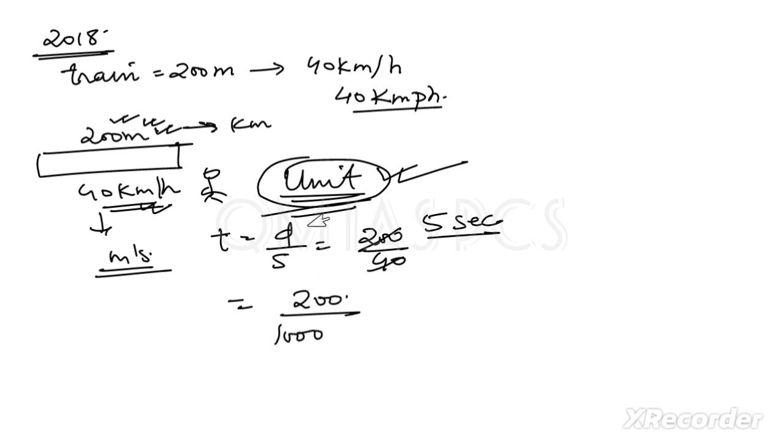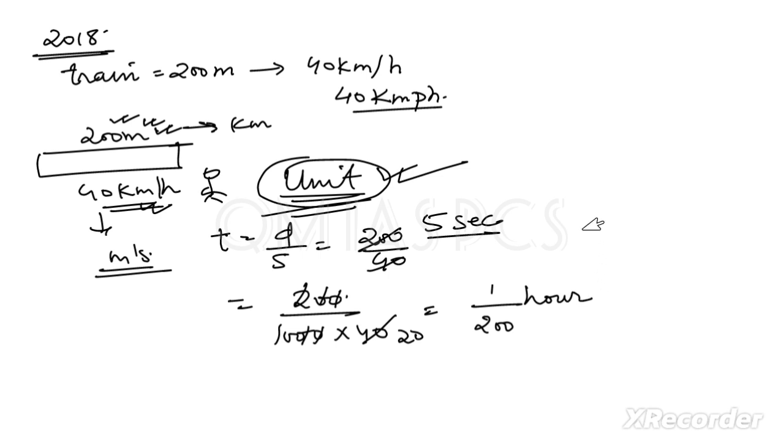By dividing by 1000 it will be in kilometer, and speed is 40. Whatever answer we get will be in hour. Here 20 will be cancelled out, so we will have 1 by 200 hour.